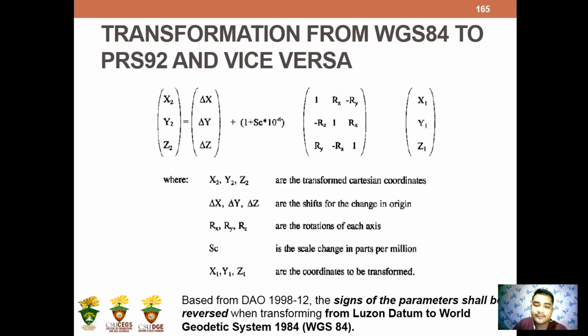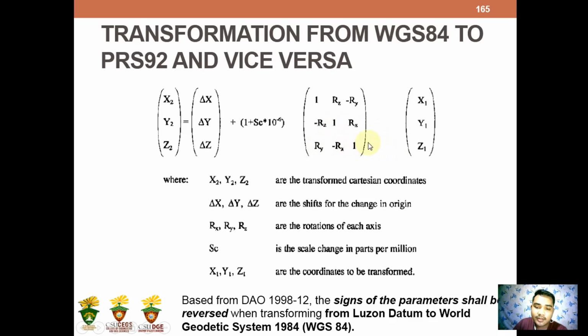For example, in the first row, the right side of 1 is positive RZ. In the second row, the right side of 1 is positive RX. The next is the third row, the last row.